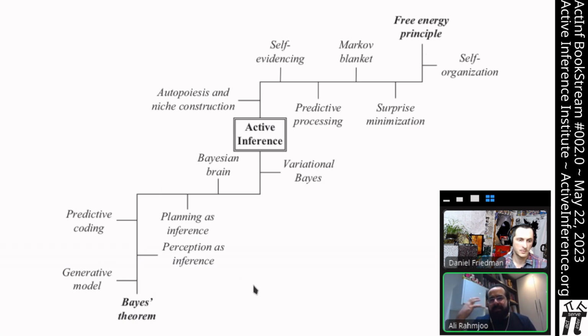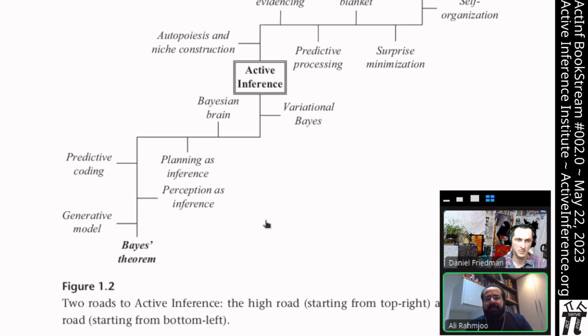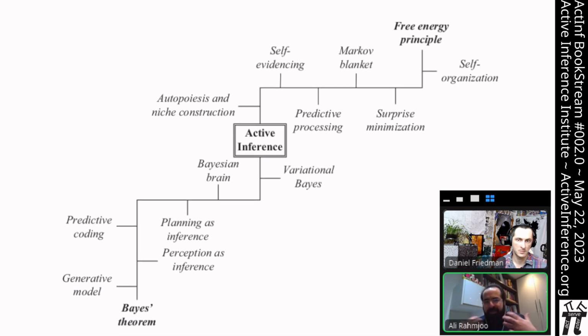So it literally is represented here as the high road and the low road in this diagram.